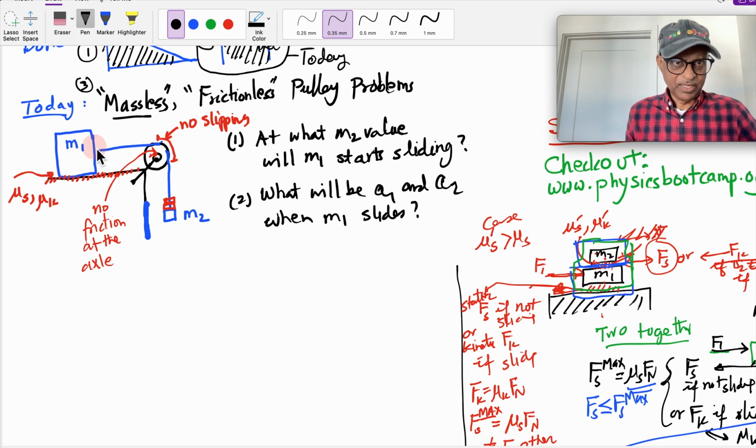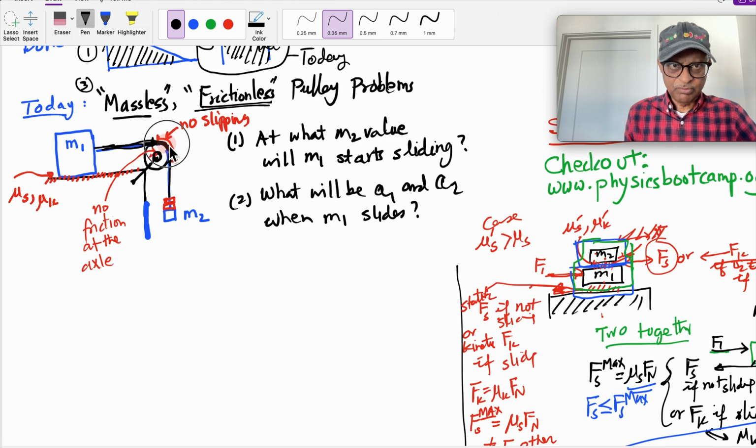Okay, so here's a string that goes over this pulley, and we are going to use what is called a frictionless pulley, but it's a very strange kind of pulley. There is no friction when it rotates on the axle, but there is infinite friction here.